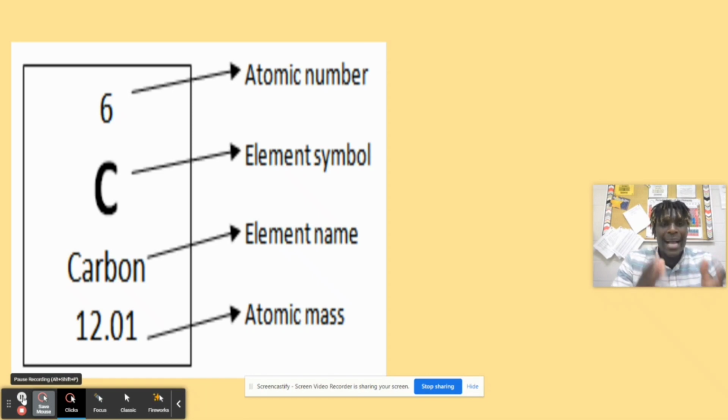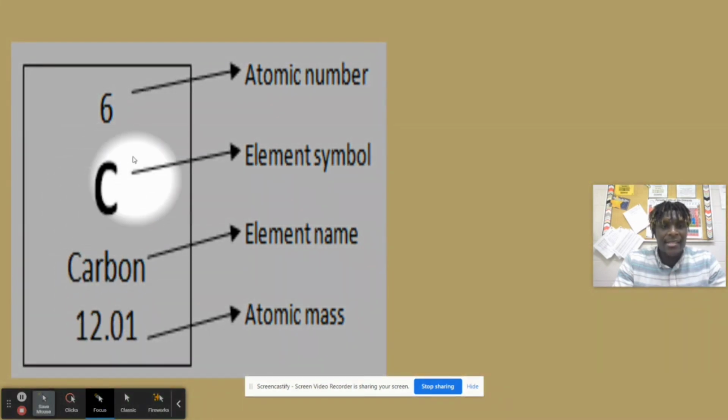Now, let us zoom in on one of those small boxes on the periodic table. We have a symbol. The letter represents the symbol, and it must begin with a capital letter.